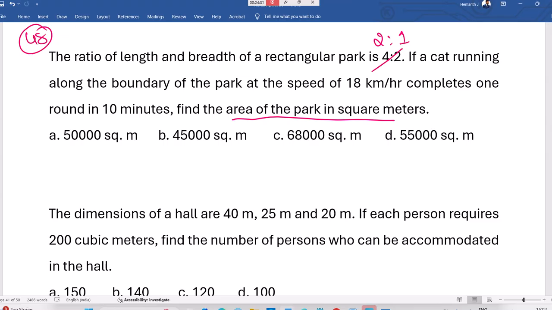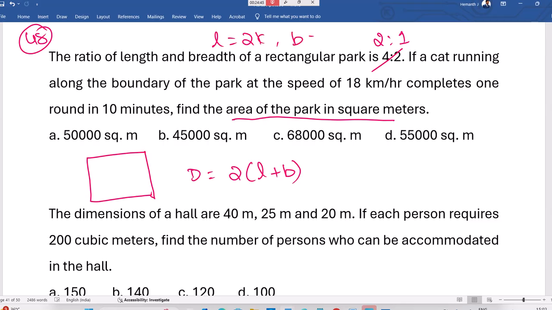So boundary of the park, what is the distance? 2 into L plus B, length plus breadth. Length is 2k, breadth is k. Means 6k is the total.